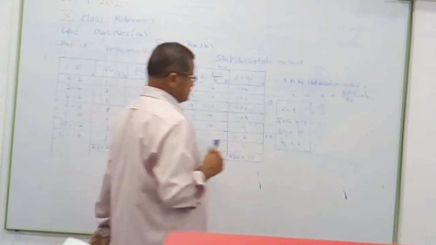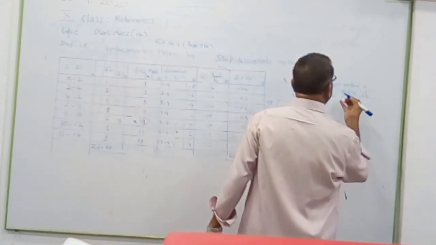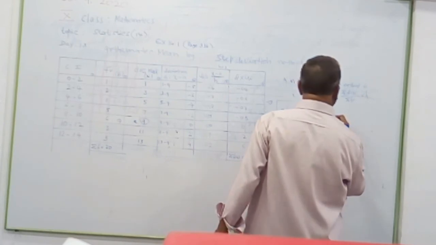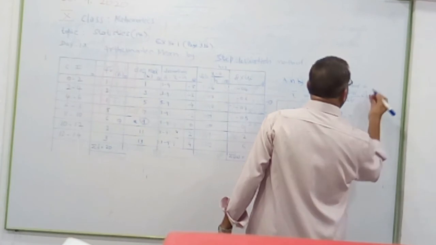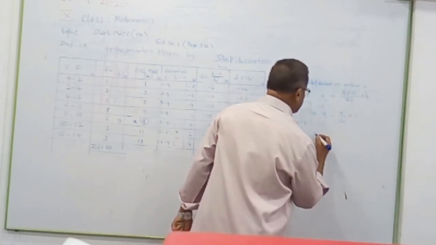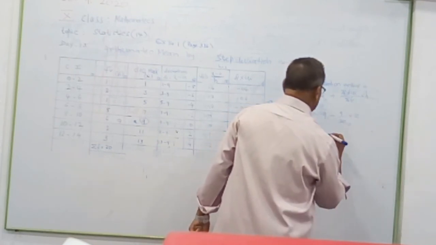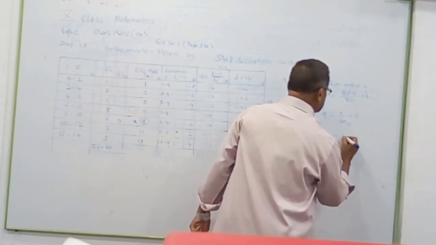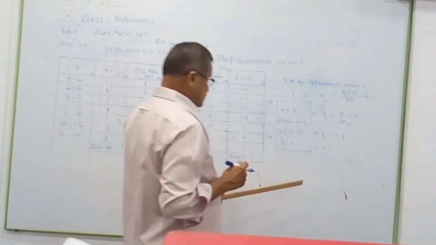Now substitute A value 9 and sigma fi ui is minus 9 by 20 into h value is 2. So here 2 tens are 20, 2 ones are 2. 9 minus 0.9, that is 8.1. Same answer.